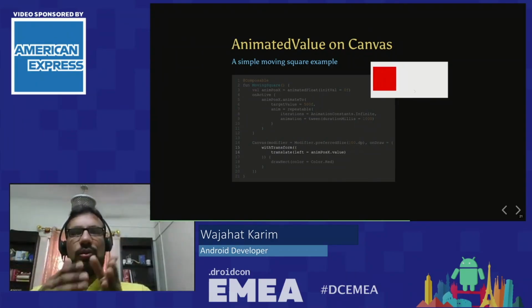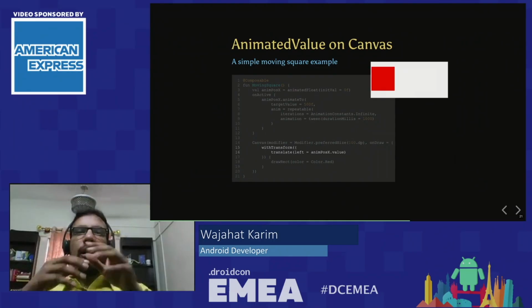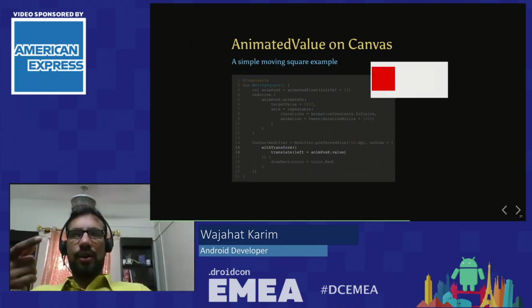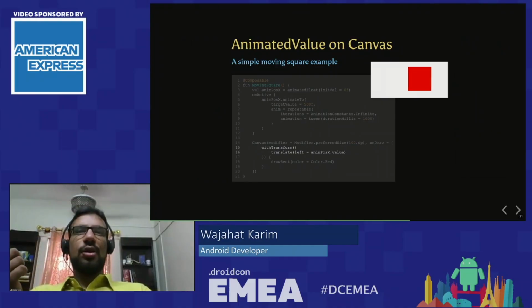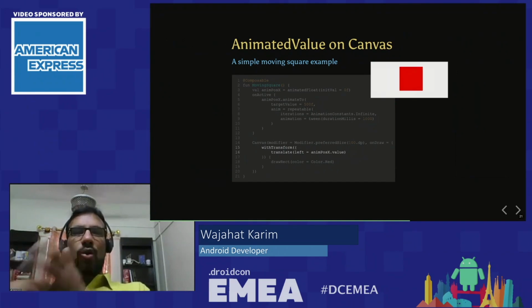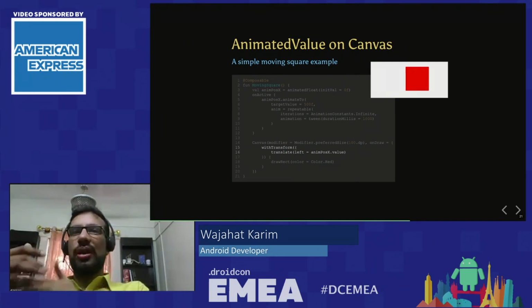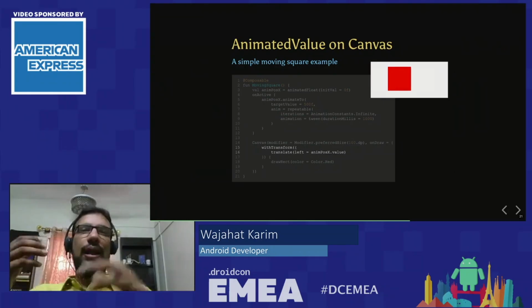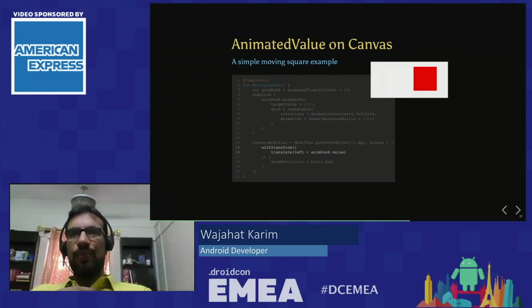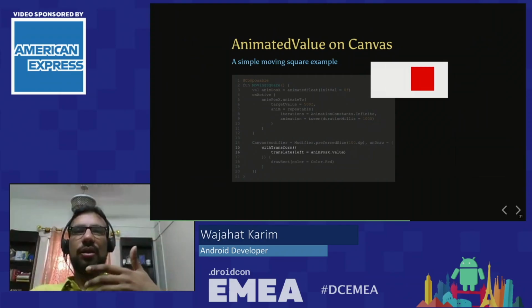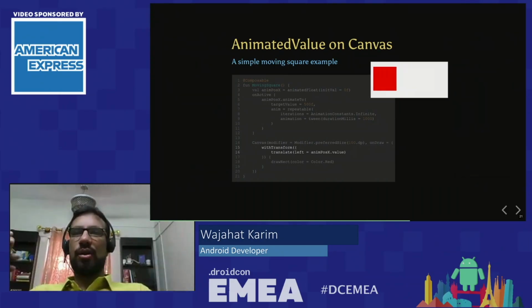That means it will use the value from 0 to 500, and the duration will be 1 second. So you will see the red circle moving along a line. You can probably use this with more things like rotation and scaling, as you saw in the last example of movie album covers.